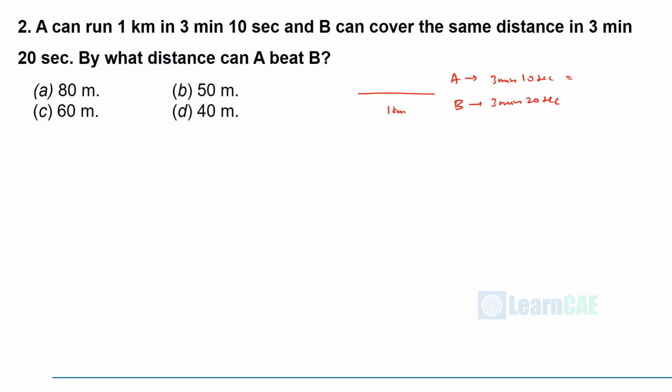In terms of seconds, A's time is 3 into 60 plus 10, that is 190 seconds, and B will reach in 3 into 60 plus 20, 200 seconds. It means that A can beat B by 10 seconds.